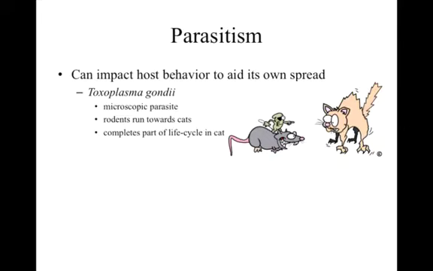But other parts of its life cycle take place in other animals, and a common animal that another part of its life cycle takes place in is rodents. And so this parasite actually causes rodents to run towards cats. And as a result, the rodents are more likely to be eaten by the cat. And as a result, the parasite can get into the cat body, and it needs to be in a cat to complete one portion of its life cycle.